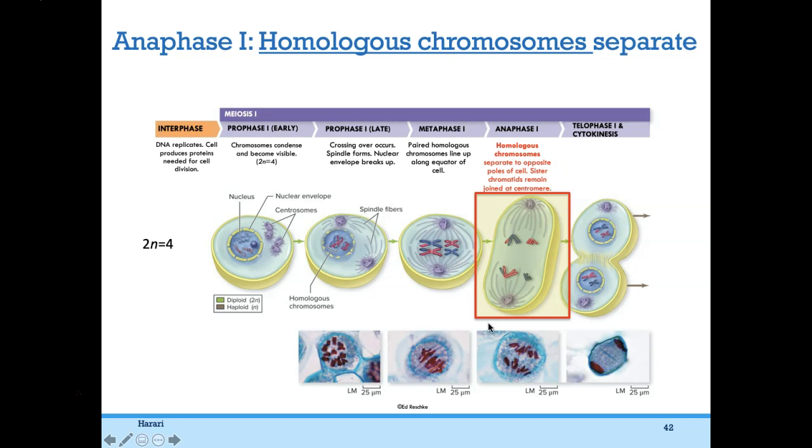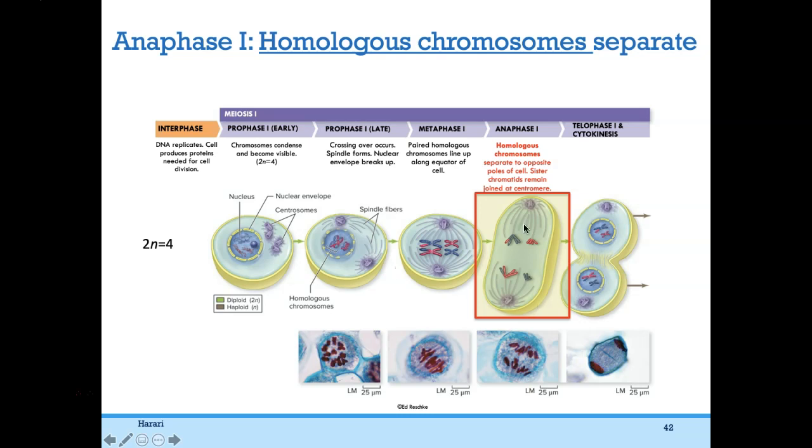And we said that the bivalents independently align themselves at the metaphase plate. So either the maternal or paternal homolog of each bivalent could be oriented toward either pole of the cell. So that's called independent assortment. And that's what gives us lots of genetic variability in the daughter cells.